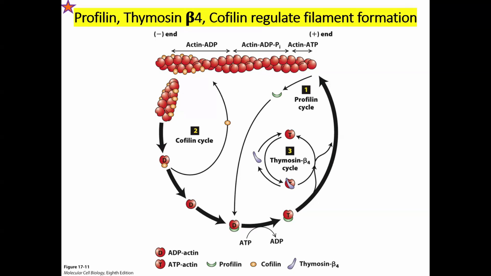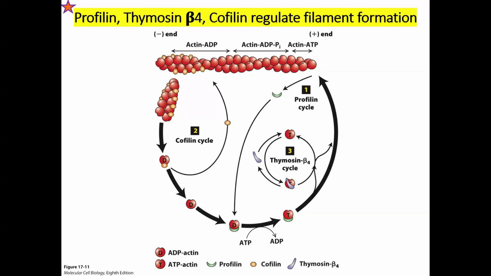Cofilin is one of them. This actually severs chunks of these actin ADPs and then recycles them. So cofilin, again, remember that these are severing proteins. They just cut off the tail of the actin super fast. Now the monomer is actin ADP.